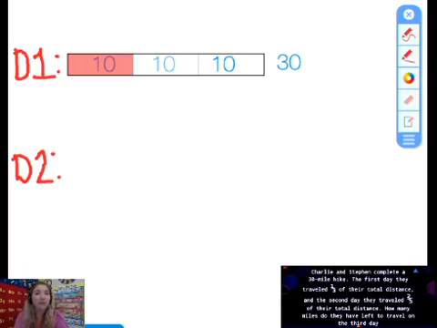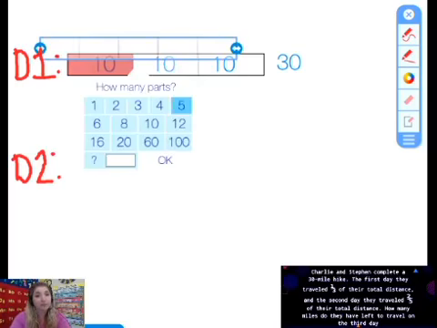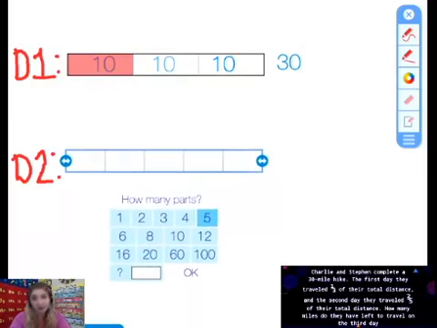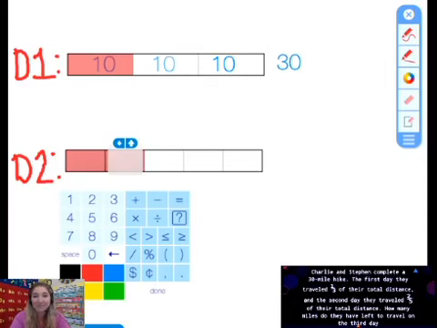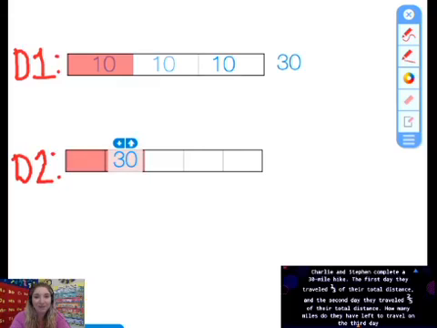Now, day 2, he traveled 2/5 of the total distance, not what he had left, but the total distance, which is still 30. So I'm going to cut this into fifths. It's got to be the same size, and we're going to shade in 2 pieces. The total is still the same, so let's add my 30 over here at the end.